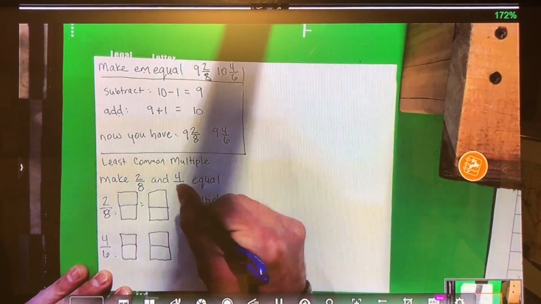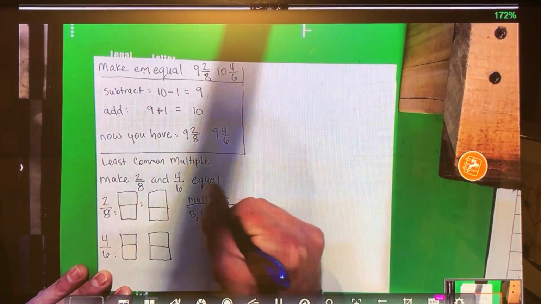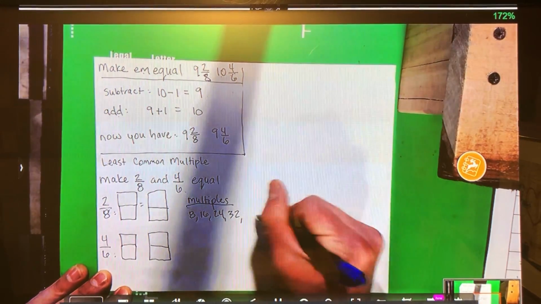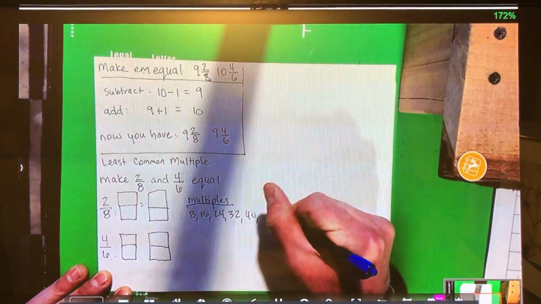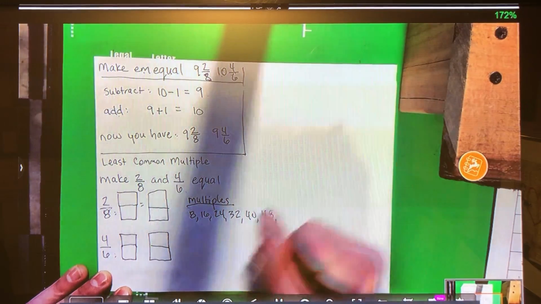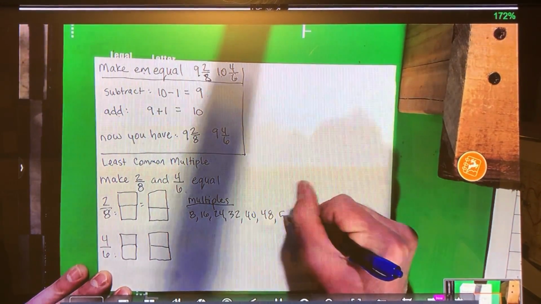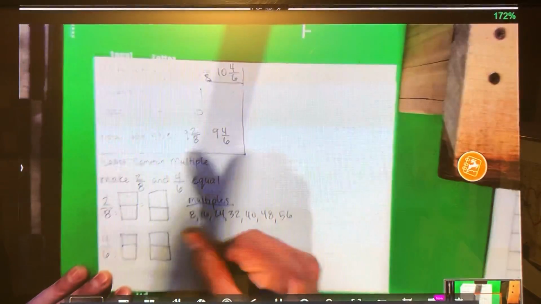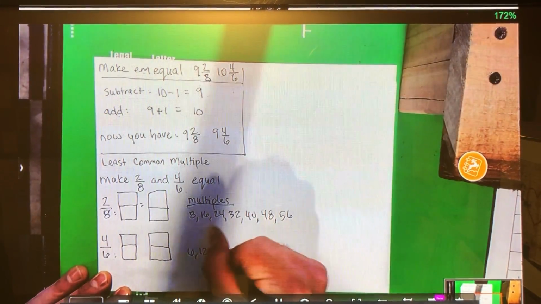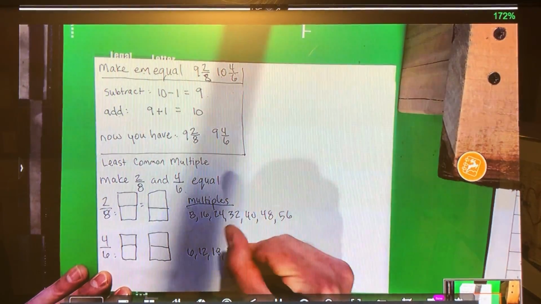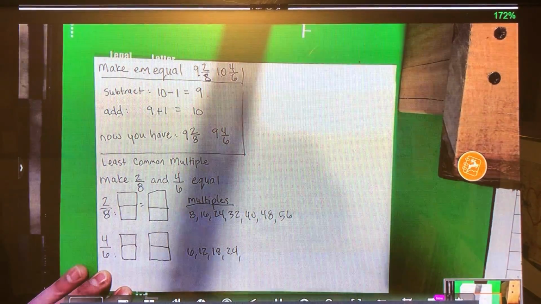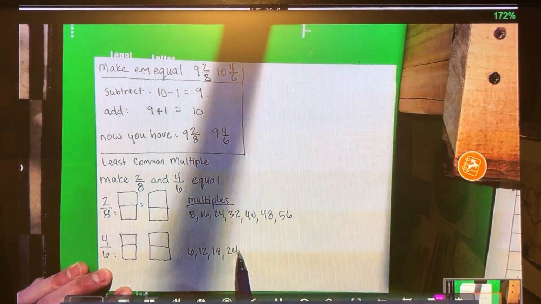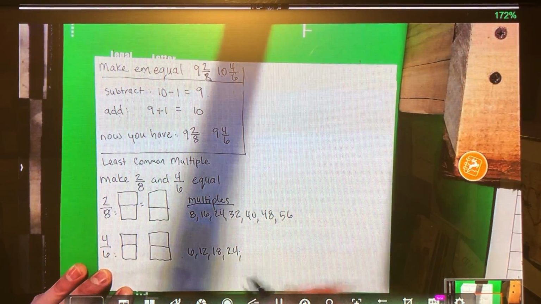We have 8, 16, 24, 32, 40, 48, and let's just go 56. Okay, now we can list the multiples of 6. We have 6, 12, 18, 24, and I've just found the least common multiple, the smallest multiple that 6 and 8 have in common, and that's going to be 24.